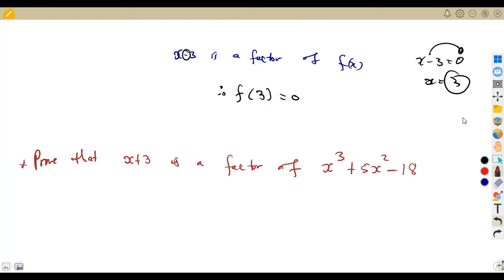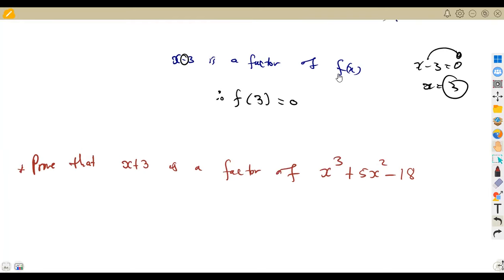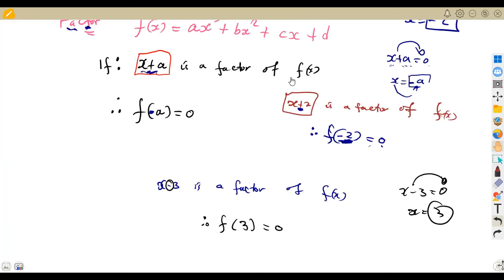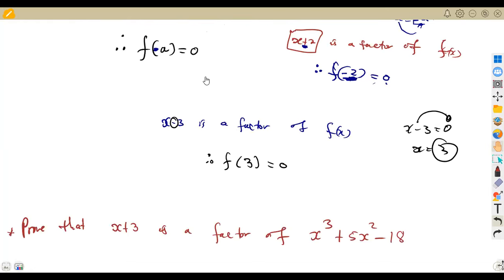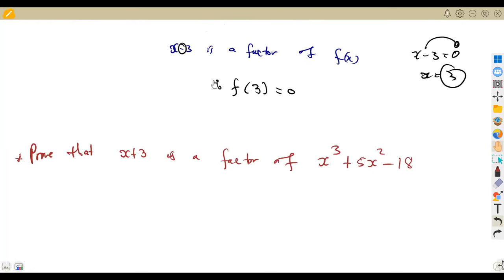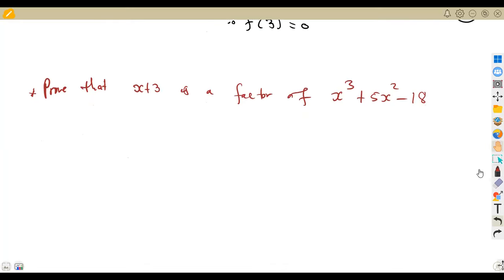We are simply going back to this part to say if truly x plus a is a factor of f of x, therefore f of minus a must give us zero. It means truly it's the factor. So if we are saying x plus 3 is a factor, which value are we supposed to use?